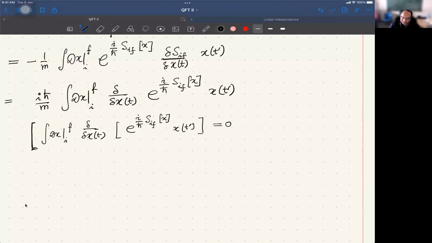This is analogous to the usual equation, integral dx d/dx of some function f(x) is equal to 0, provided this vanishes at infinity, where the boundary is, or at boundary.